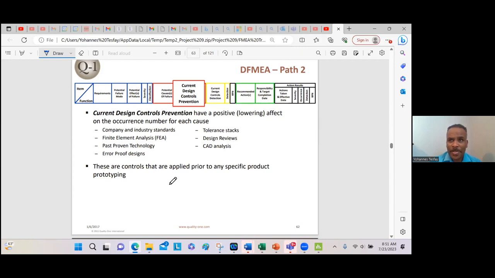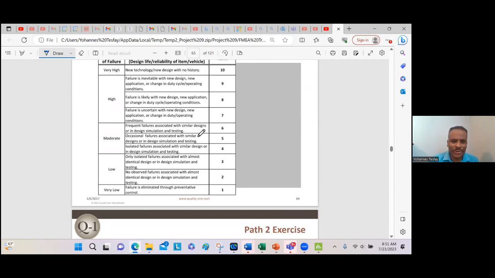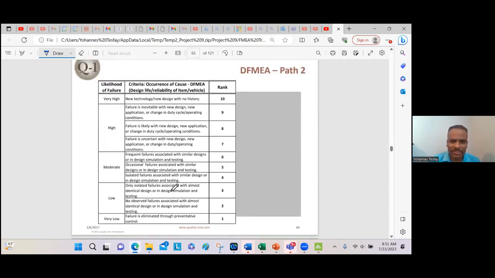And Nagasi is going to show you the DFMA and PFMA generated for jet engine. Okay, jet engine.